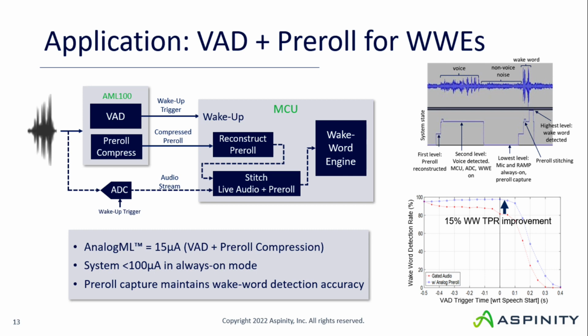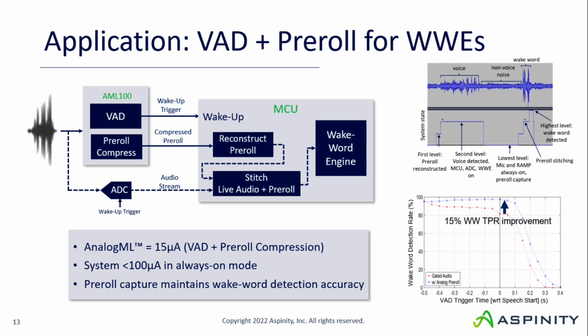Once the voice activity detector wakes up the rest of the system, you can decompress that pre-roll of information at faster than real time, stitch it to the front of the live audio, and now you have all the information that you need for the wake word engine to maintain good accuracy. And additionally, it doesn't have any hit in terms of the latency of detection.